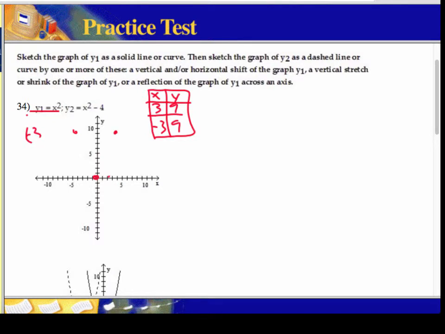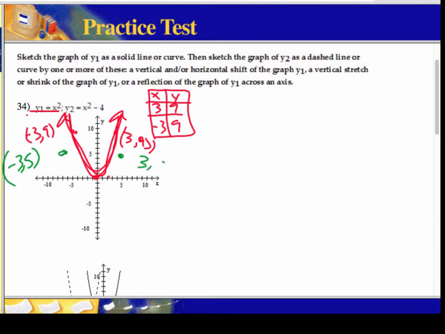Maybe make the points (-3, 9) and (3, 9). And then whatever that y value is, you're going to subtract 4 from it, right? So this would be (3, 5), and (-3, 5). This would be the point (3, 5), and then down here is (0, -4).